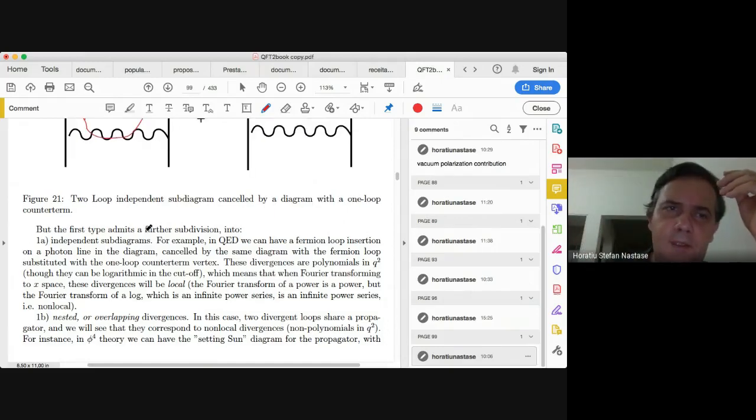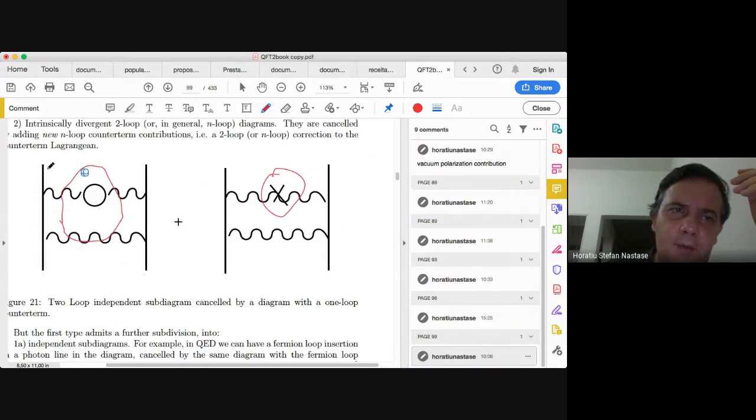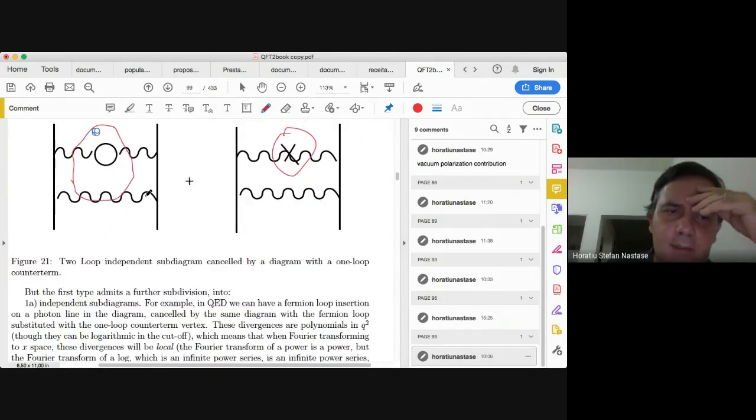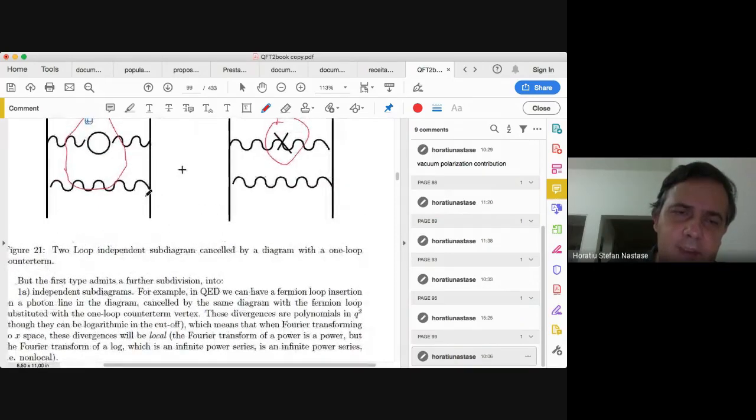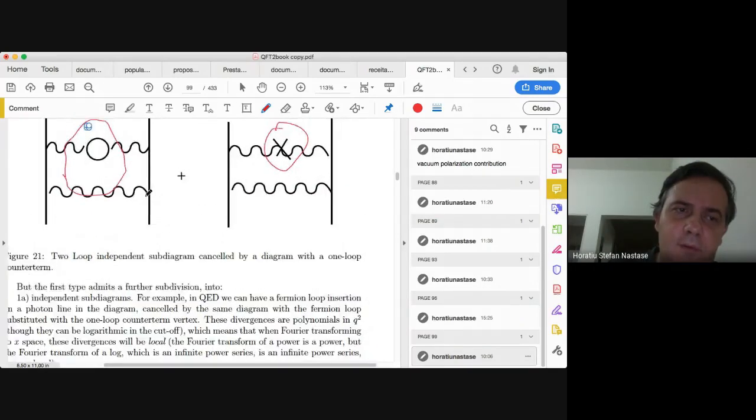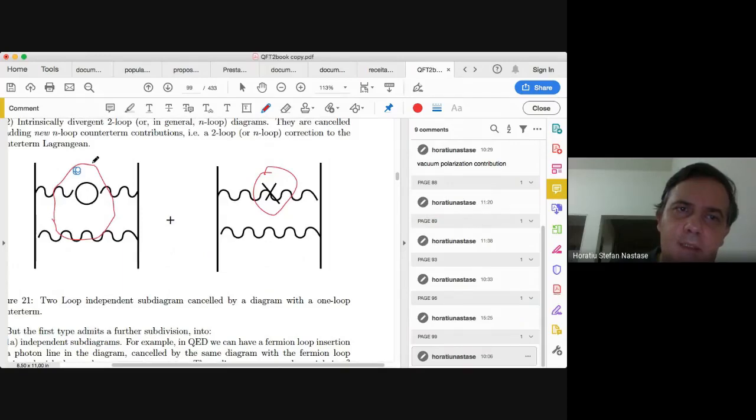So in this particular case, I could have, for instance, one more photon line. So that would be intrinsically two loop and also independent, right?